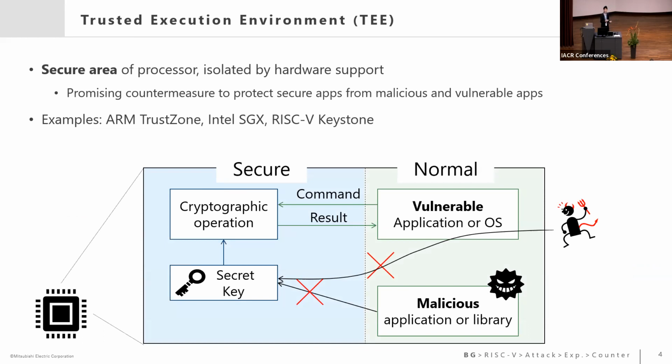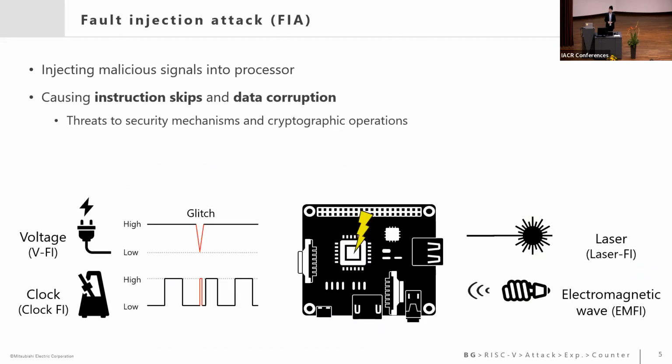So our attack target is TEEs. ARM TrustZone and Intel SGX are famous TEE-enabled technologies. Fault injection attacks inject malicious signals into a processor, such as voltage, clock, laser, and electromagnetic waves, and they cause instruction skips and data corruption. So they are a threat to security mechanisms and cryptographic operations.